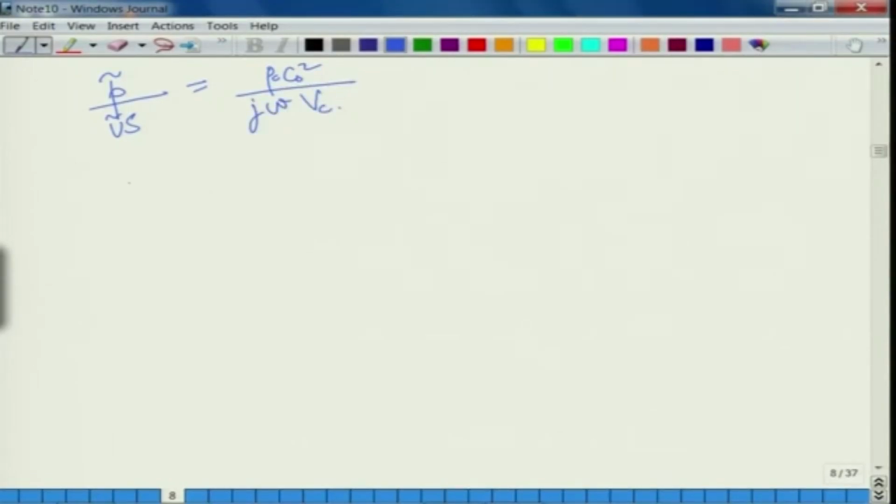So, this clearly has the form 1 by j omega C, where capacitance C is nothing but the volume V c by rho naught C naught square.